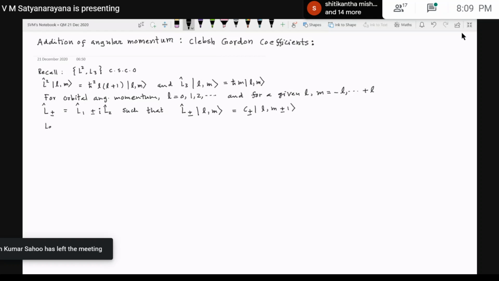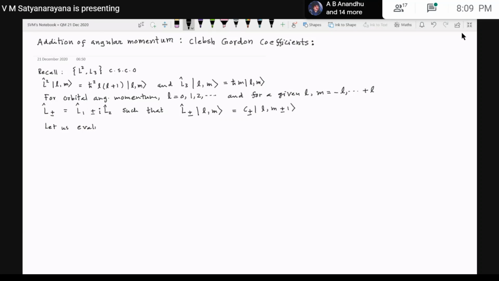Okay, so let us evaluate. These are constants, and we should know those constants. So first let's talk about L plus acting on |L, M⟩ equal to C plus times |L, M plus 1⟩.